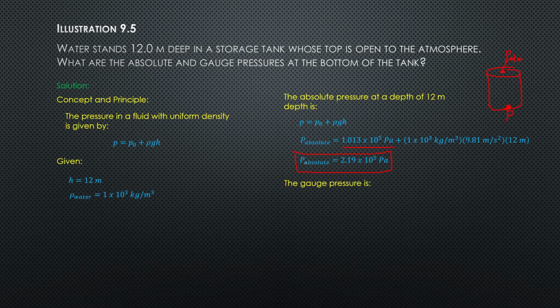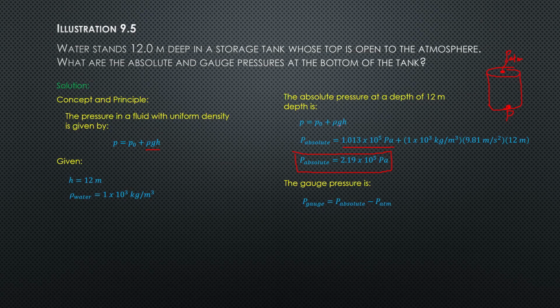Now, the gauge pressure is simply this one. We said earlier that absolute pressure is equivalent to atmospheric pressure plus gauge pressure. So the gauge pressure is equivalent to absolute minus atmospheric.